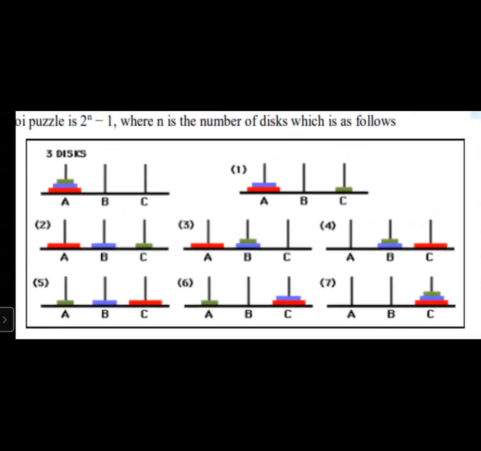Okay. So, initial image. I have 3 rods A, B, C. On rod A, I have 3 discs: red one, next violet one, and the next one green one. Now the first move, see the first image.